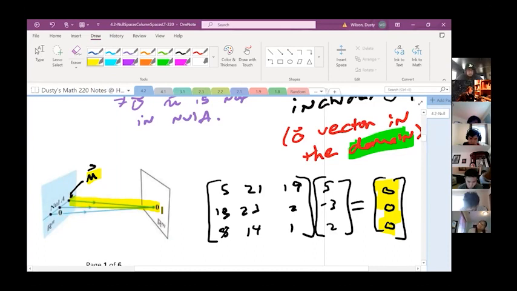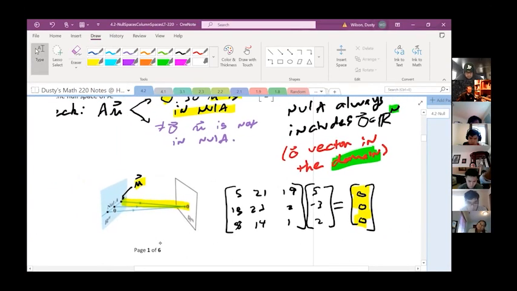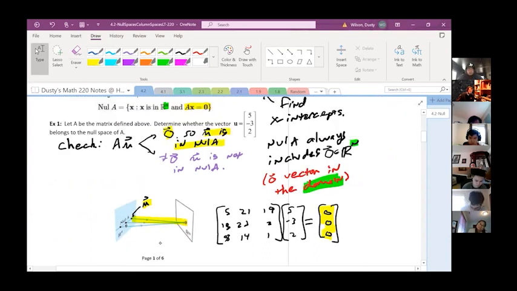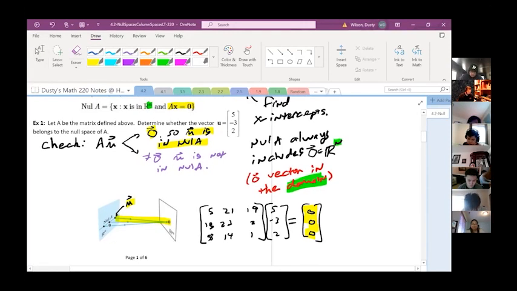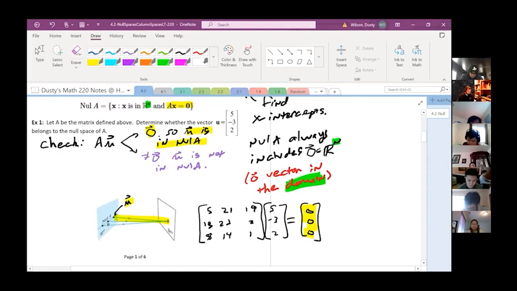Now that's a little different than asking ourselves what the null space is. So let's extend the question a little bit.